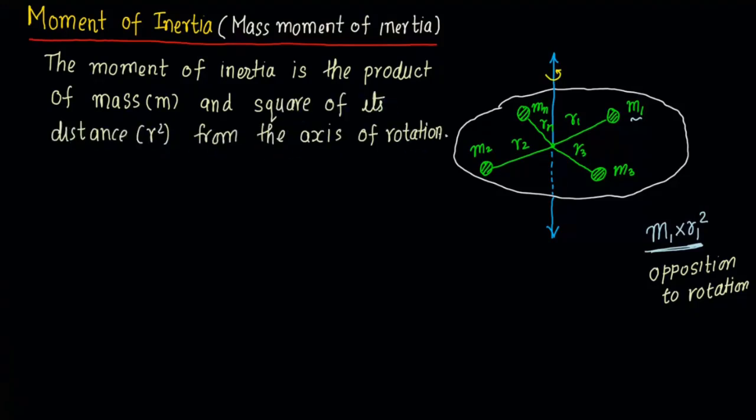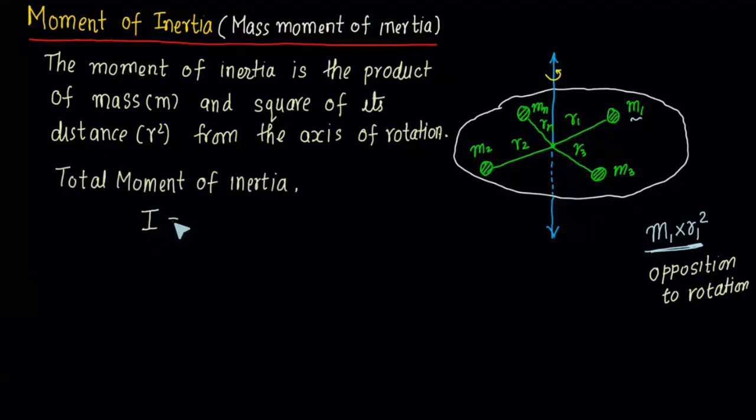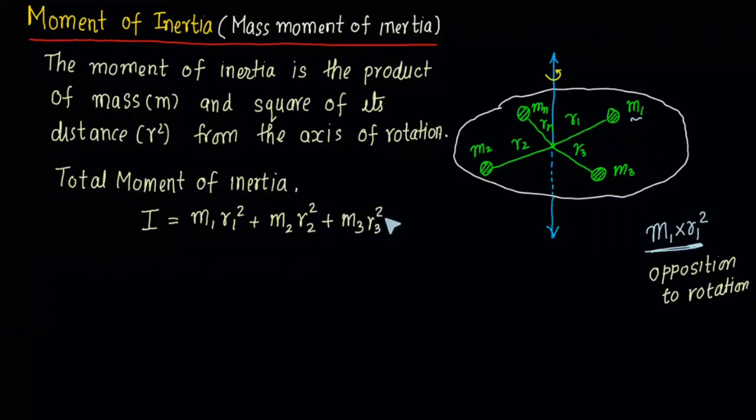from the axis of rotation. Now this body, if you see here, consists of many masses, like m1, m2, m3, up to mn. If I want to find the total moment of inertia of the body, the symbol of moment of inertia is I. So it will be the moment of inertia by mass m1, that is m1 r1 square, plus the moment of inertia by mass m2, m2 r2 square, plus m3 r3 square, and so on.